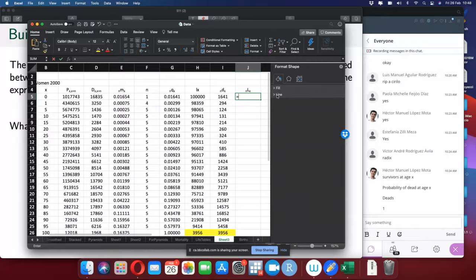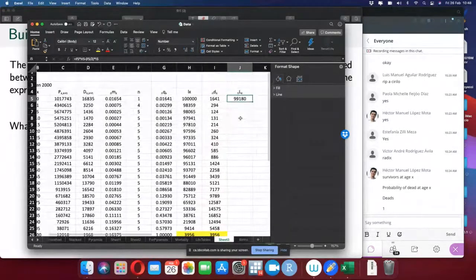According to my formula, it is n times the number of survivors, and then I subtract those that died times the period they were exposed to death. And again, it is less than 100,000. Why? Because I know some of them died during this first year. So this is the contribution of this 100,000 person cohort during the first year of life.